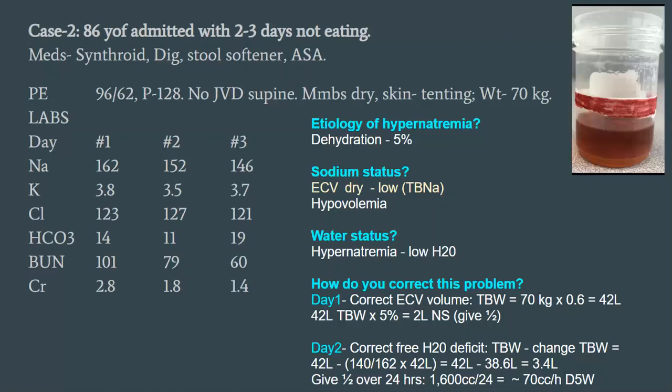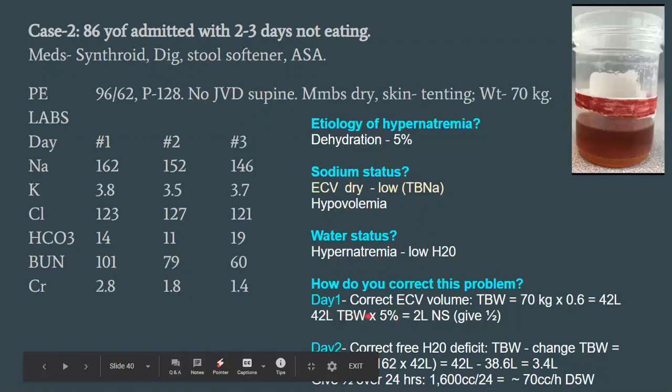And so one way we talked about at the beginning of this lecture was you could correct volume based on the total body water estimate for a 70 kilogram person, 42 liters of total body water. If we were thinking they're 5% dehydrated, they would need 2 liters. Now, if I'm looking up here and I'm thinking, well, maybe they're 10%.